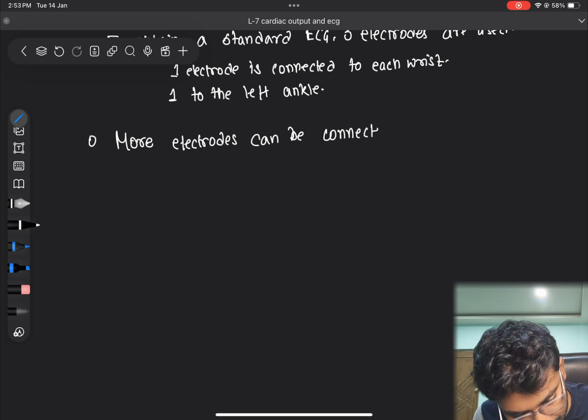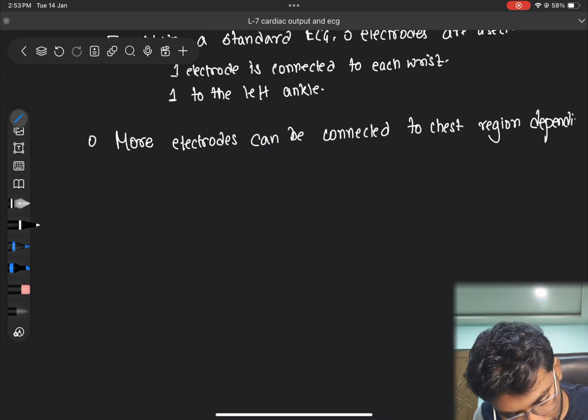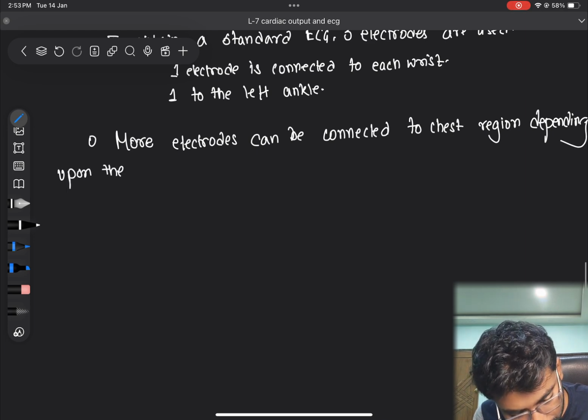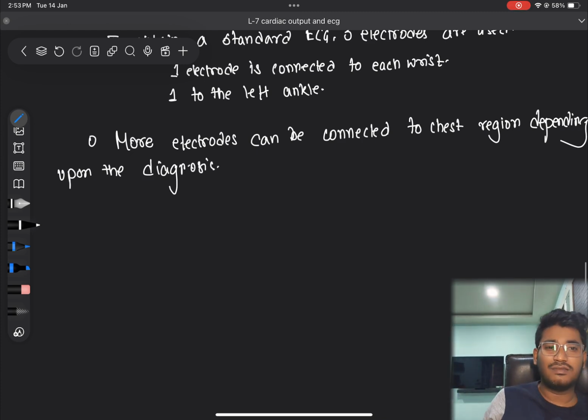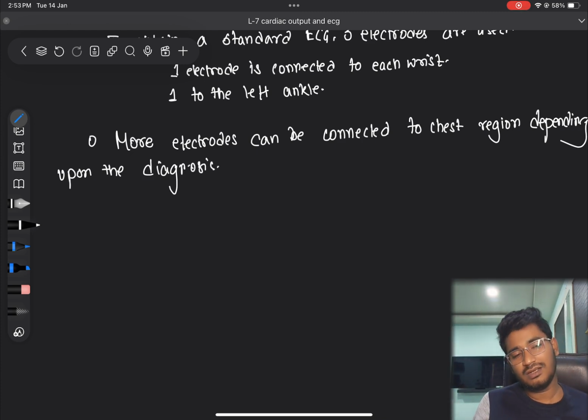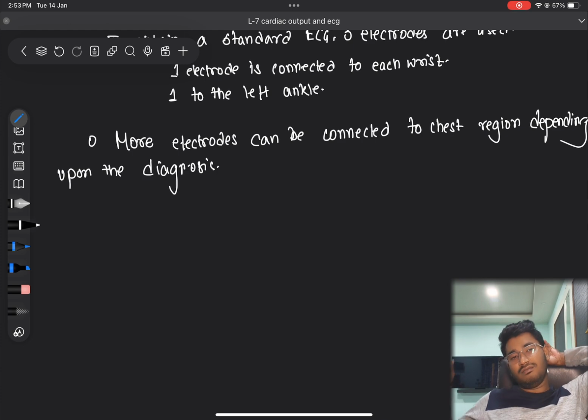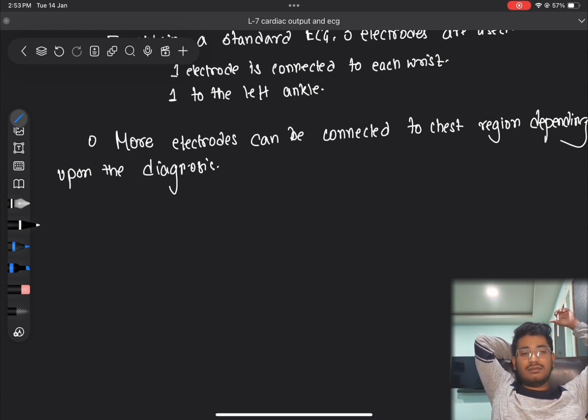More electrodes can be connected to the chest region depending upon the diagnosis. Generally we prescribe a 12 lead ECG because it has much medical value and medical significance.